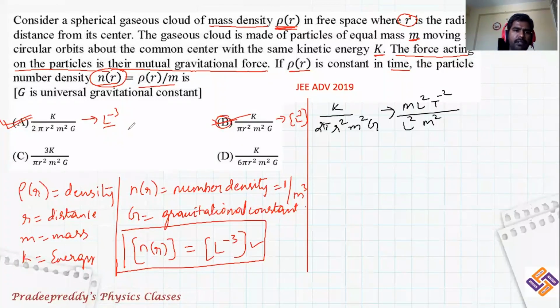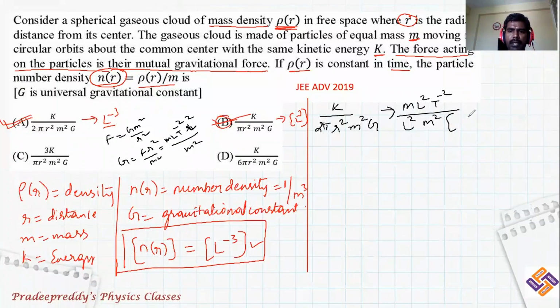We have F is equal to capital G m square divided by R square, so G is equal to F R square divided by m square. F is M L T power minus 2, and R square is L square, divided by m square. So G is M power minus 1, L power 3, T power minus 2.